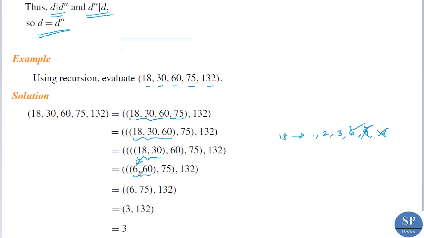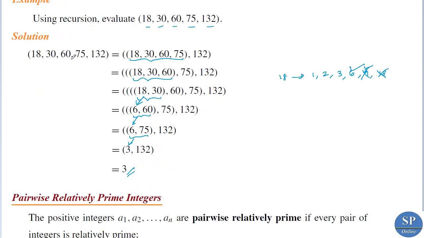Now we have to find the GCD of 6, 75. The GCD of 6, 75 is 3. So 3, 132. That is, the GCD of 3, 132 is 3 itself, because 3 is a divisor of 132 also. So the GCD of these numbers is equal to 3.